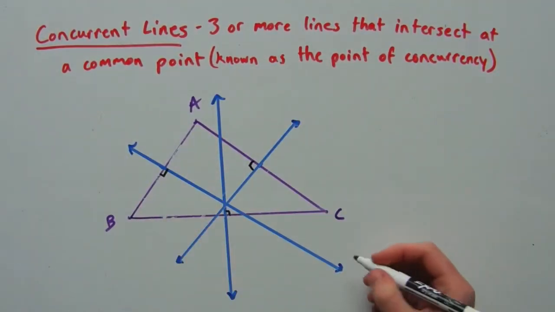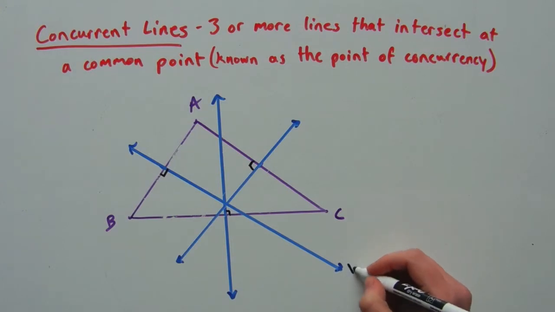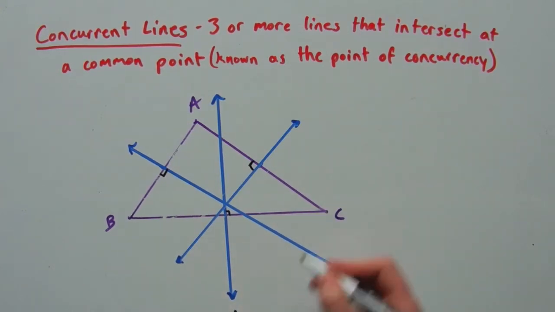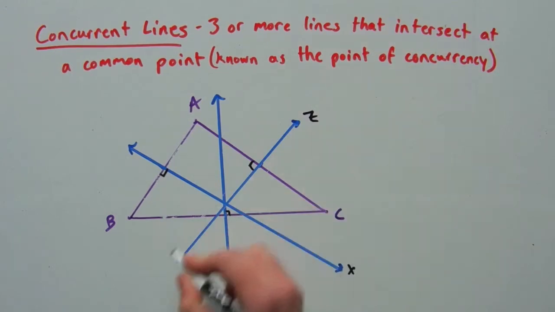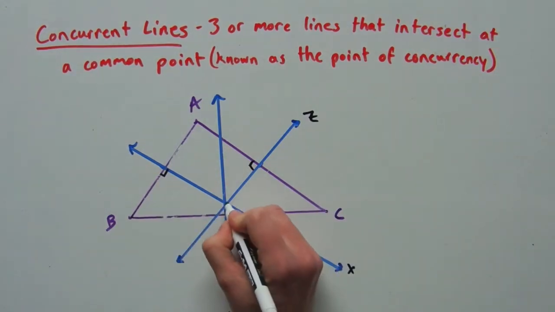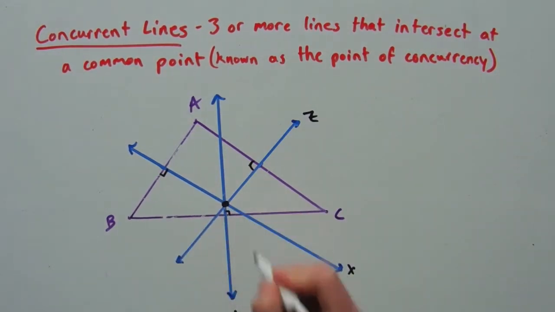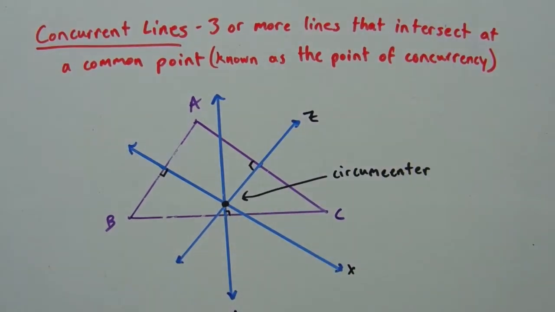So I have three perpendicular bisectors, X, Y, and Z. The point at which those three perpendicular bisectors intersect is known as the circumcenter. So a circumcenter on a triangle is where each of the segments has a perpendicular bisector, and those three perpendicular bisectors intersect at that one given point, known as the circumcenter.